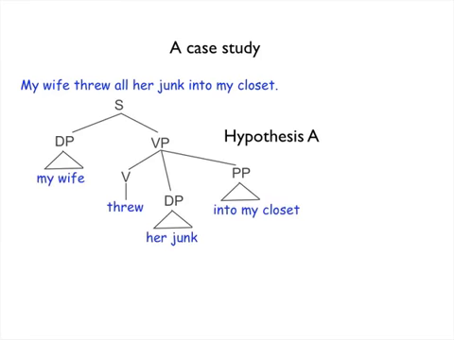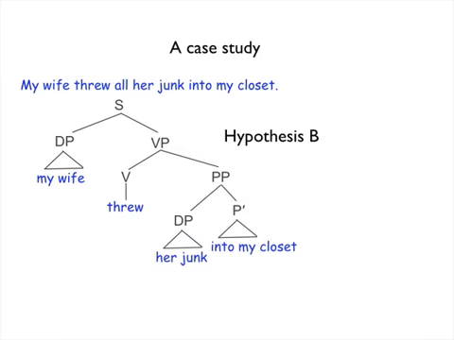My wife threw all her junk into my closet. We were trying to figure out what this is. One hypothesis is this: threw her junk into my closet, call that hypothesis A. Another one would be this: my wife threw her junk into my closet, where we've got a prepositional phrase, and some kind of phrase, her junk, and then her junk is in the specifier slot of the prepositional phrase.